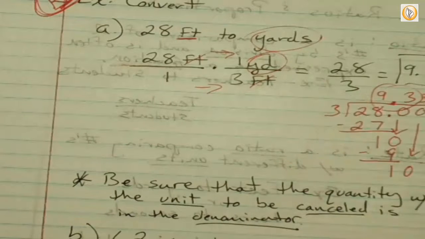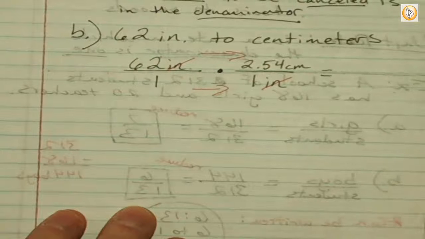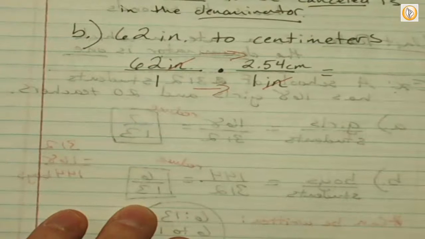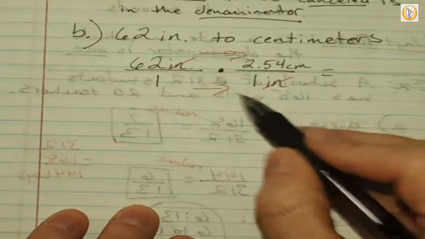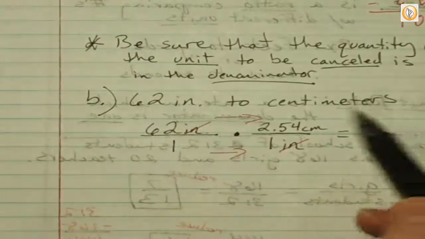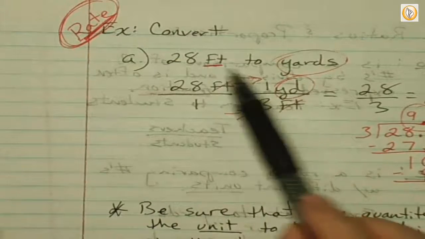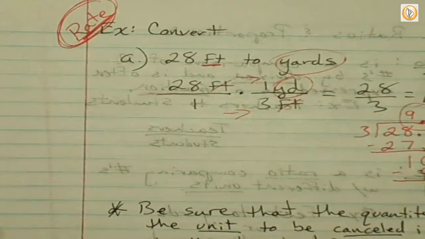On that one we just did, we're going from smaller to bigger. But on this one we're going from bigger to smaller, so you reverse it. That's what I'm trying to say. This time we're going from something big to something smaller. Over here we went from something smaller to something larger. Thank you, Chad. Very good.